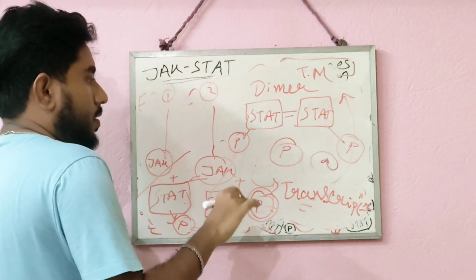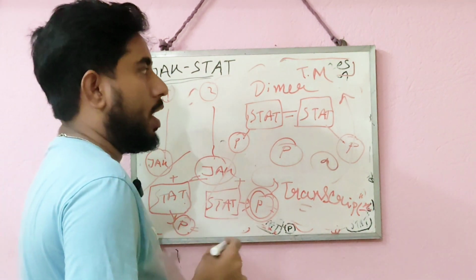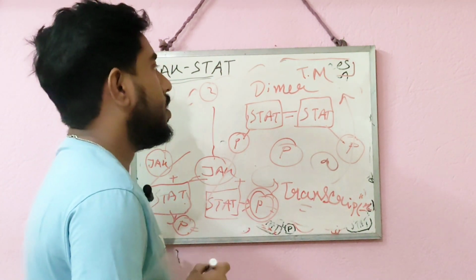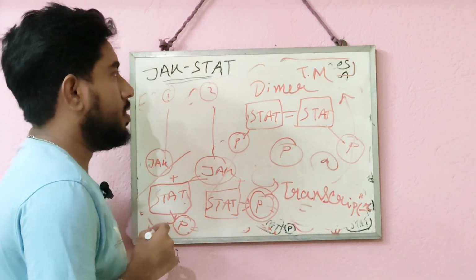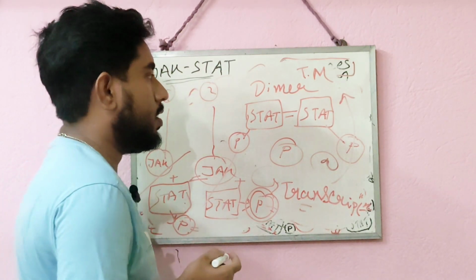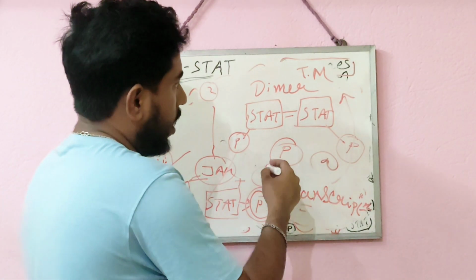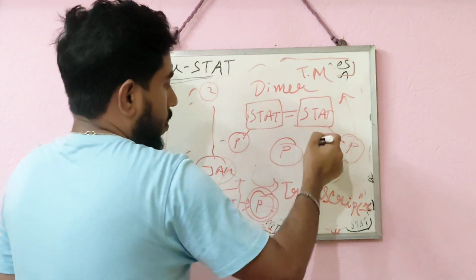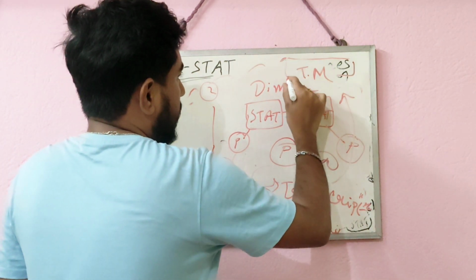So that is how Jak-Stat works, and I already told you it has many similarities with the ion channel and enzyme linked receptors, which I discussed when describing the mechanism of action.